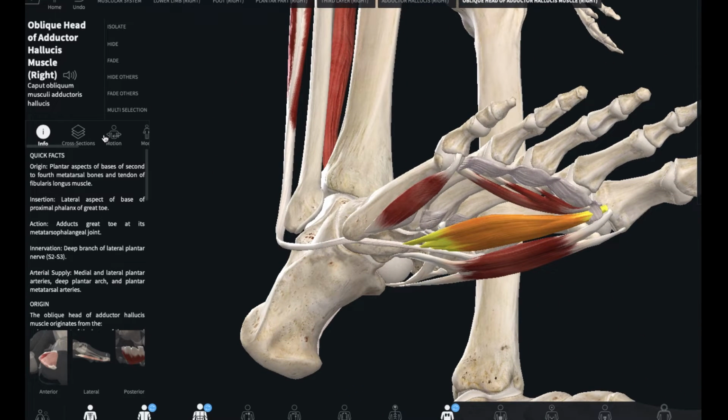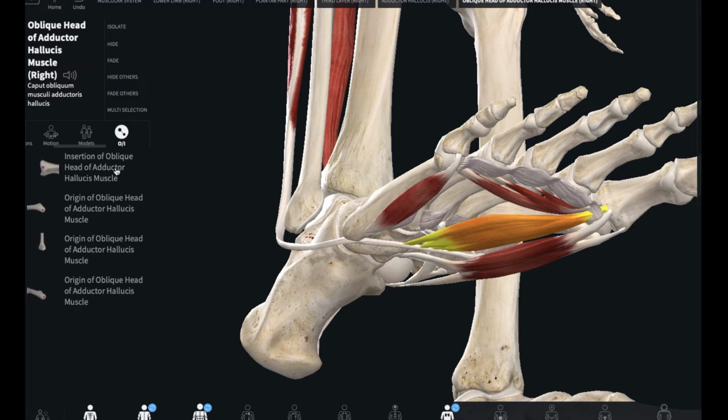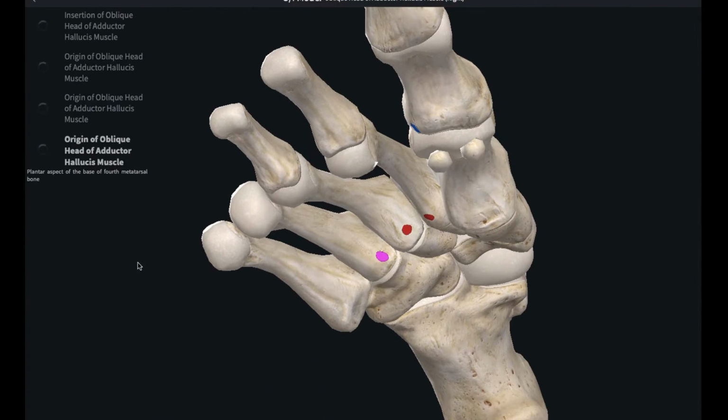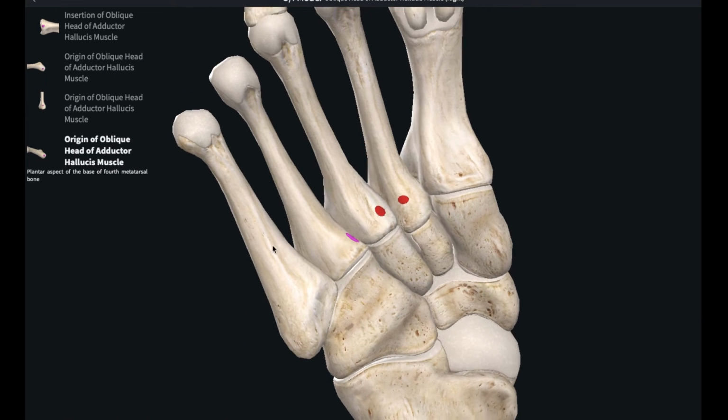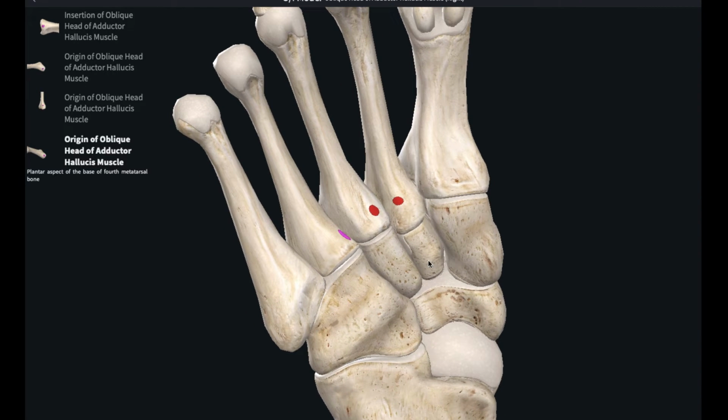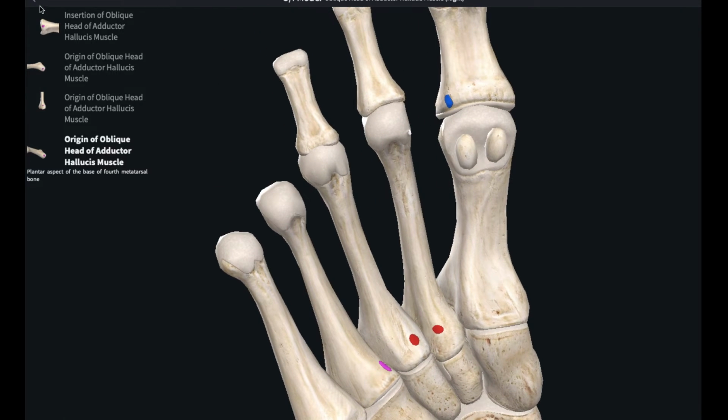There it is. Now let's just double check here, just in case. Okay, so that's the origin, 2, 3, and 4, as well as the tendon of the fibularis longus muscle, and then it inserts to the lateral side.